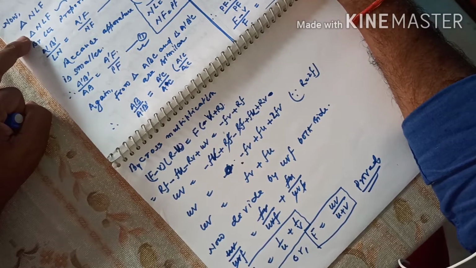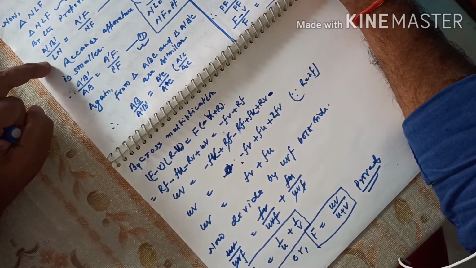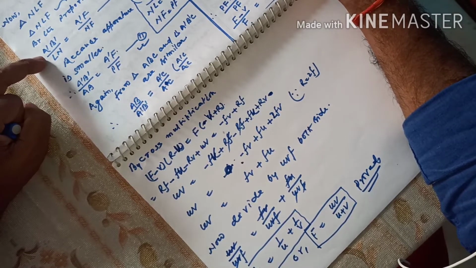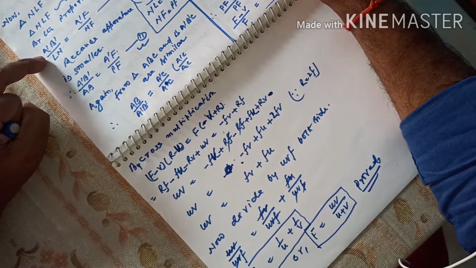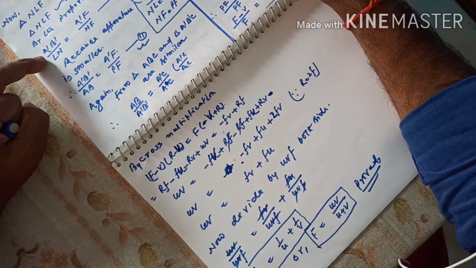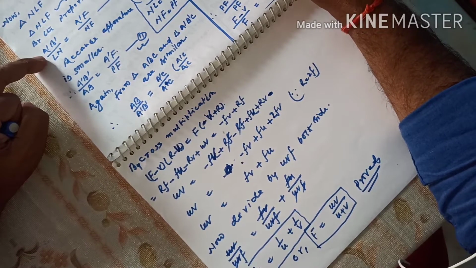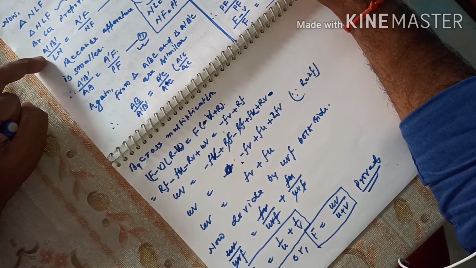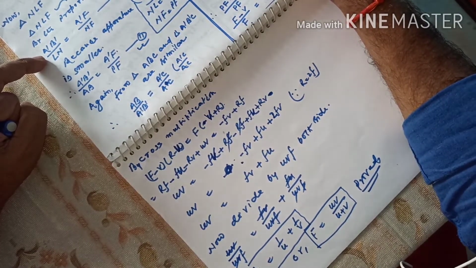By the law of proportion, we take A'B'/LN = A'F/NF, that is, perpendicular upon base ratio. That is equation first.